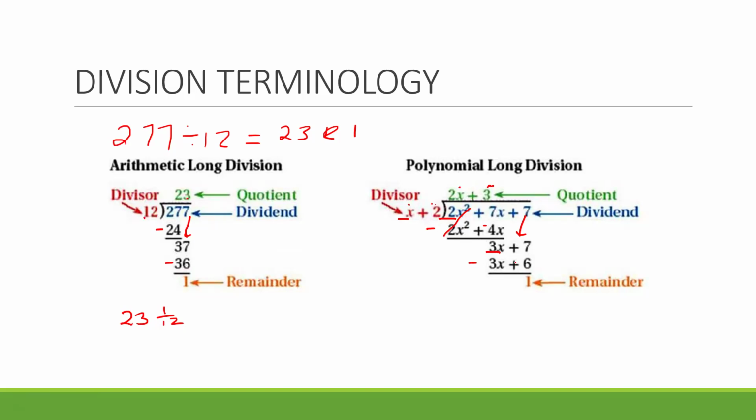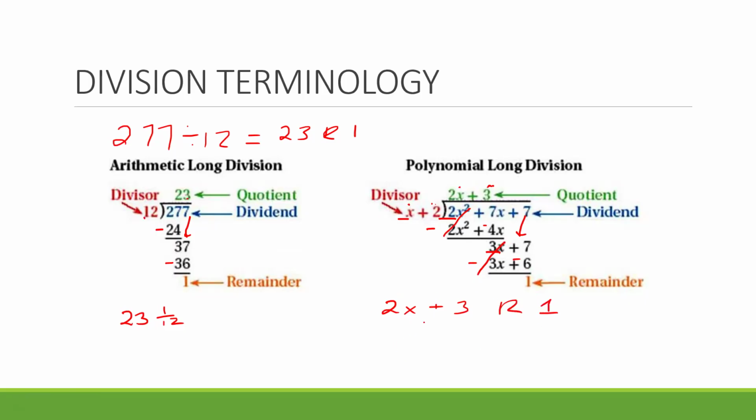When we subtract, that's going to change the sign of everything. If we don't subtract, then we don't get to cancel out. Notice that this is going to cancel out, and we're left with 7 plus negative 6, which is 1. So our remainder is 1. So our solution here is 2x plus 3 with a remainder of 1.